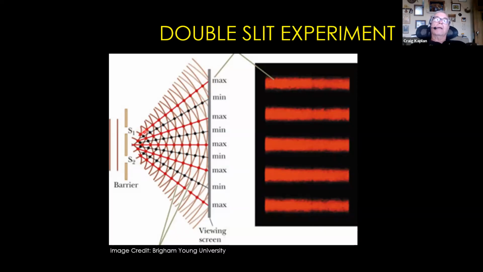So the pattern produces a maximum line here, another maximum line here, and the nodes, the minimums, produce no color. And so this definitively shows that this coherent light, which can be produced by a laser or any number of different sources, lasers are usually what people use, can act like a wave as well as acting like a particle.